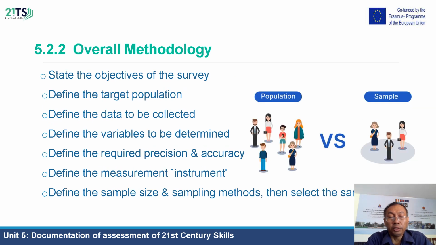For the overall methodologies of data analysis and interpretations, you should state the objective of the surveys, define the target population, define the data to be collected, define the variables to be determined, define the required precision and accuracies, define the measurement instruments, and define the sample size and sampling methods, then select the sample.